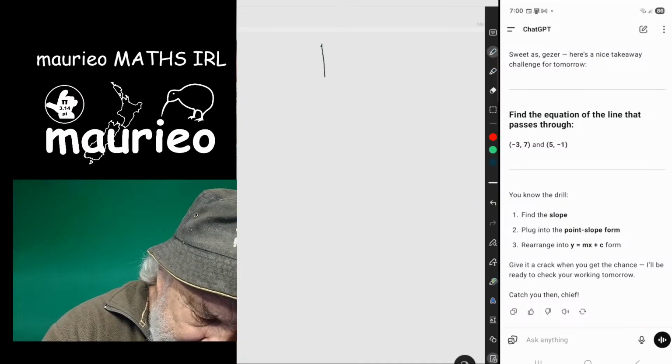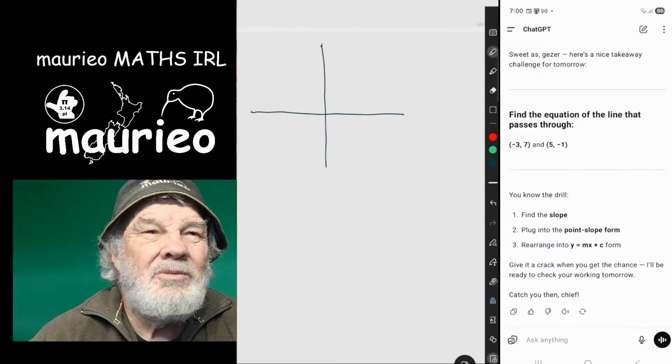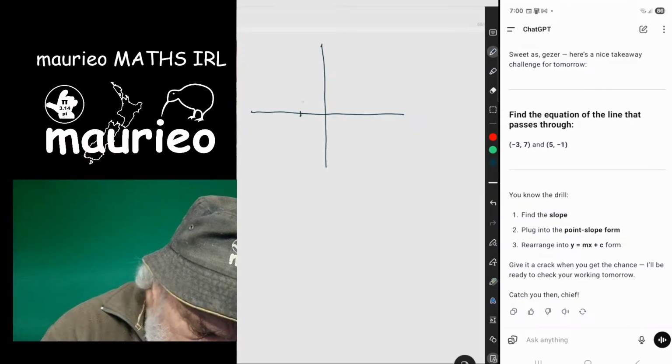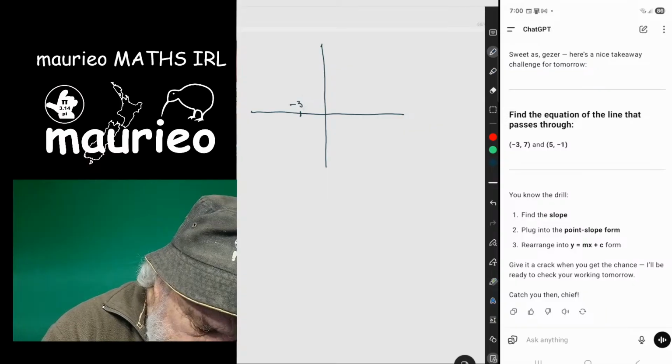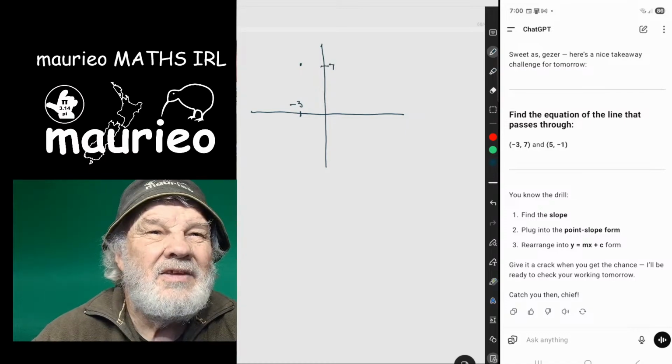So first of all, here's our X and Y, and our first point is -3, 7, so that'll be up there.